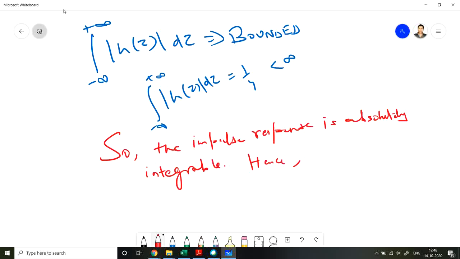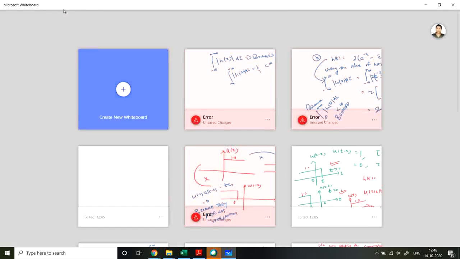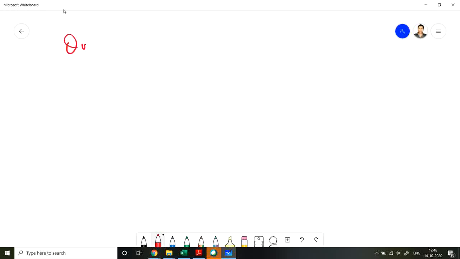Hence we can say that the system is bounded input, bounded output stable.